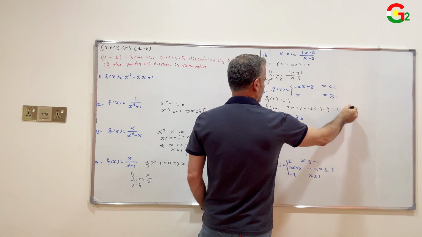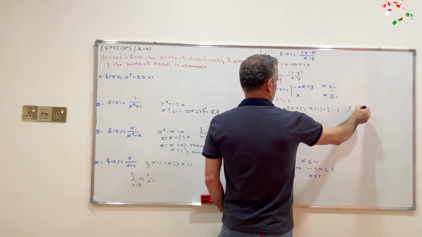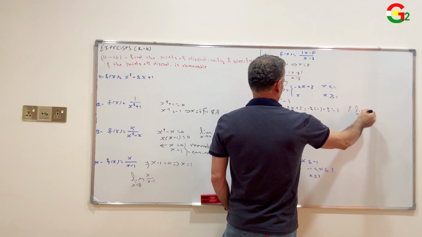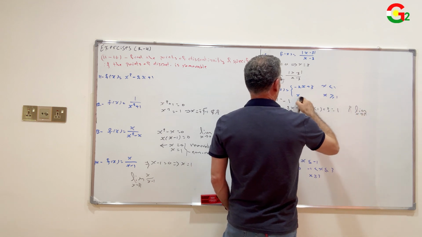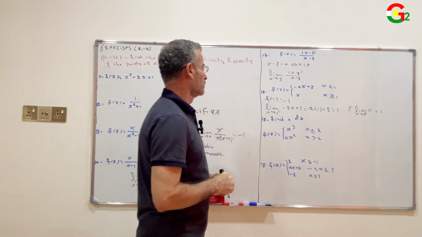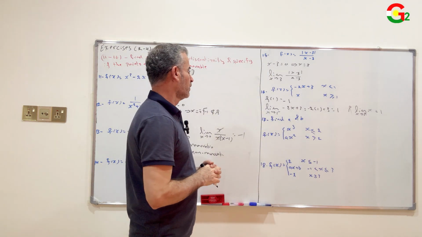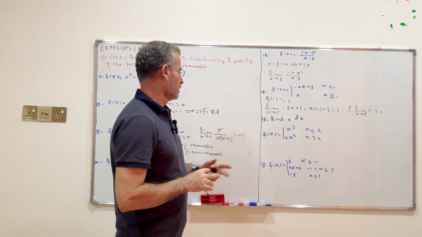And limit when x approaches 1 from right, substitute here, also is 1. Therefore, this function is continuous everywhere, has no point of discontinuity.